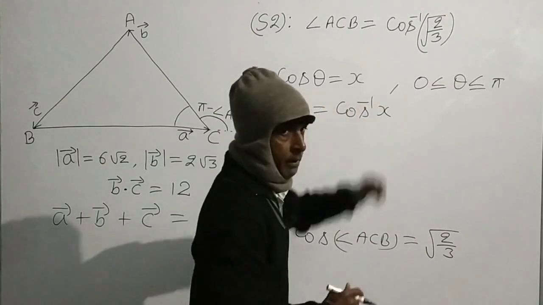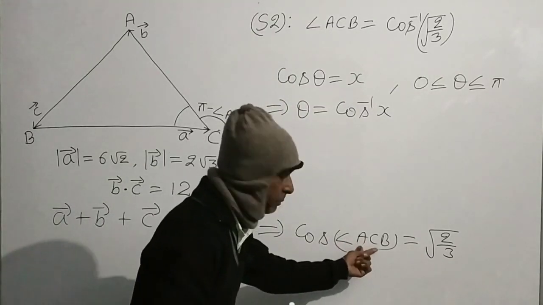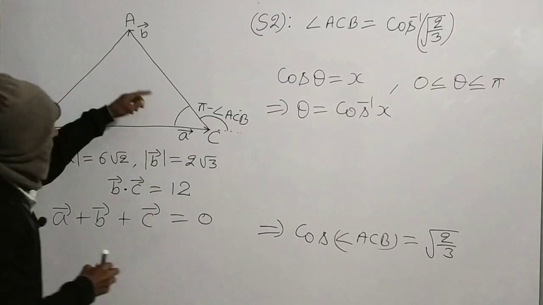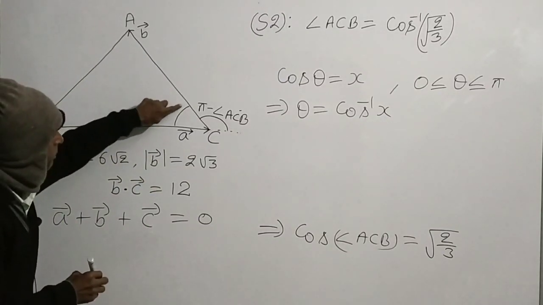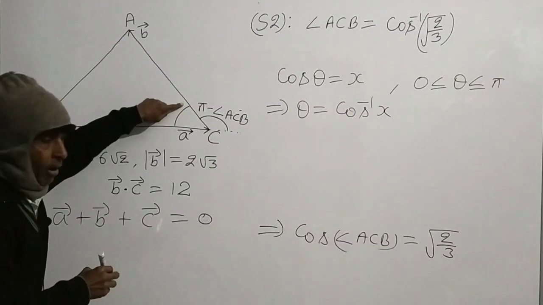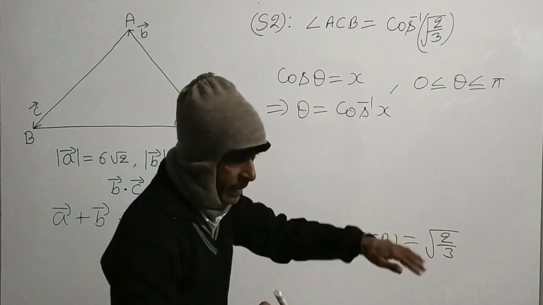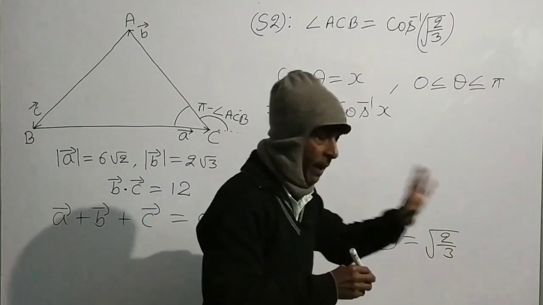This is our formula. Here angle ACB is angle of this triangle, and any angle of a triangle will always be greater than 0 and less than pi.